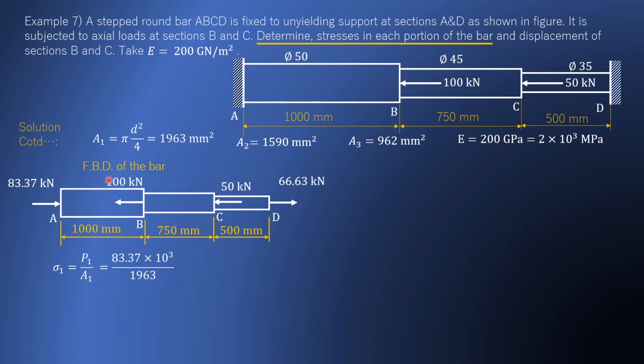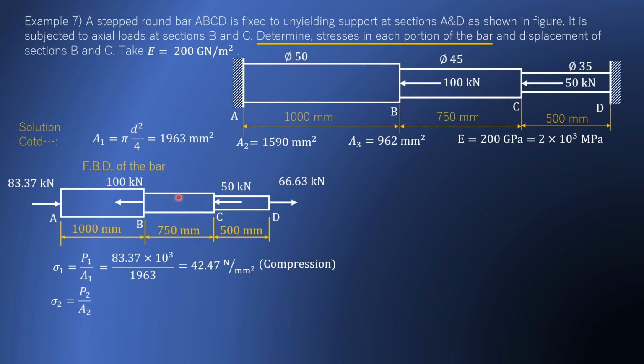Add forces on the left hand side, so 83.37, and it is a push type of force. So stress is 42.47 Newton per millimeter square. As I have told you already, when you write stress, normal stress, whether it is tensile or compressive, you should mention it there. This is a push type of force and that is why it is compressive stress.